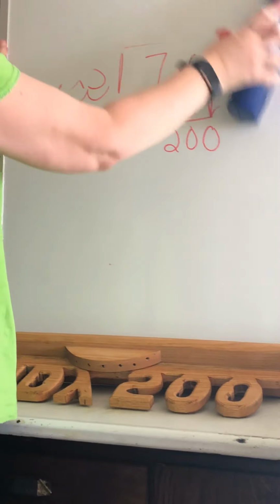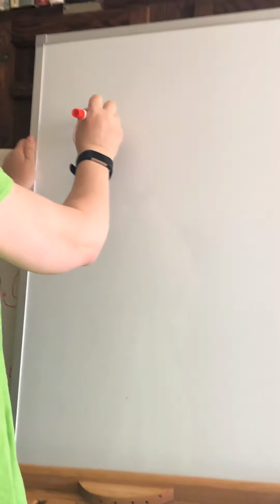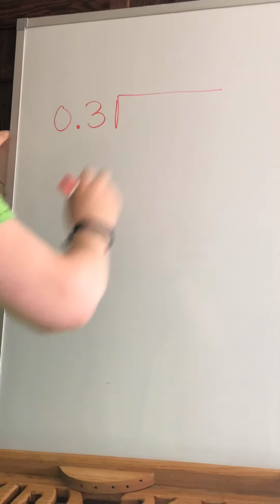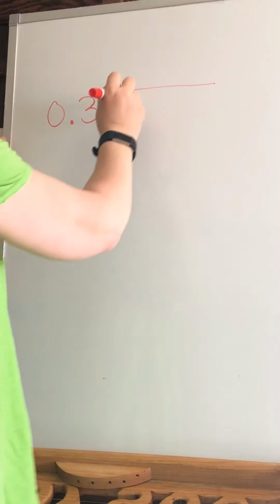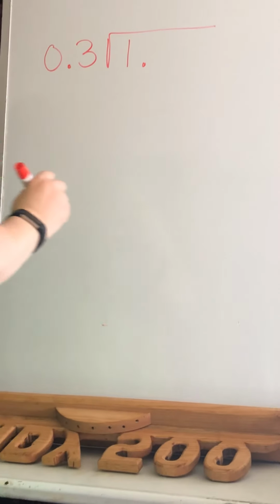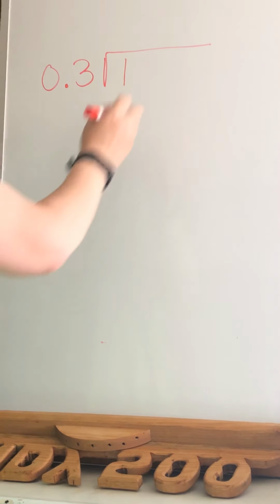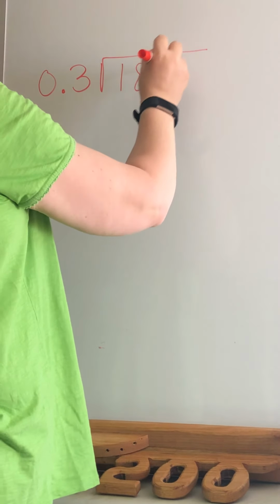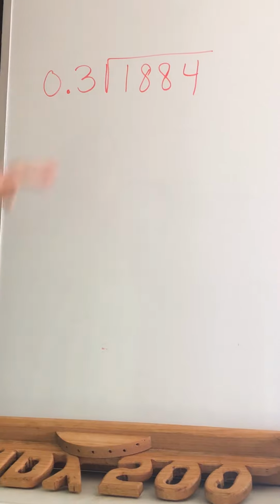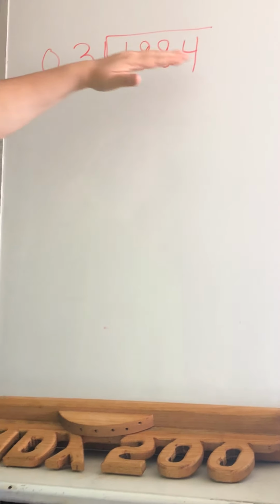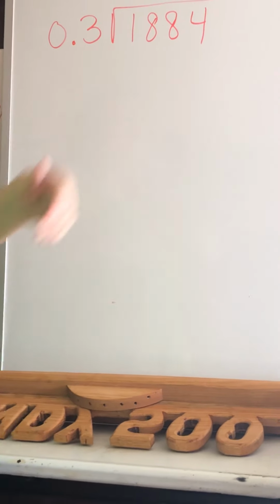Okay, how about one more problem? How about 0.3 divided into 1,884. Now we have a decimal again on this side, but we have no decimal that we see on this side.